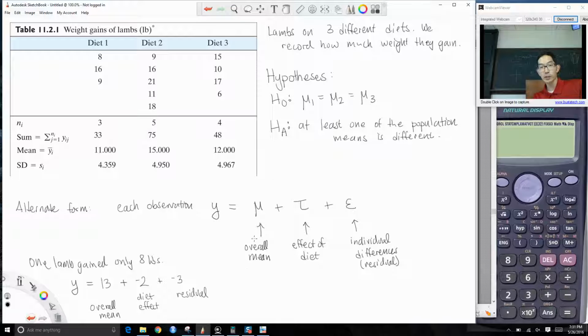And so in the alternate form, your null hypothesis would be written this way. We would say tau 1 is equal to tau 2, which is equal to tau 3, and all of these have an effect of 0.